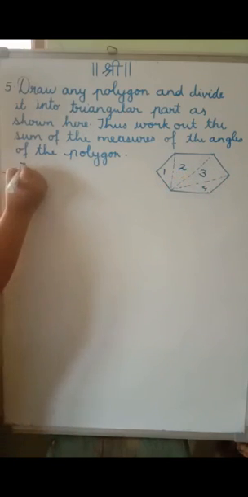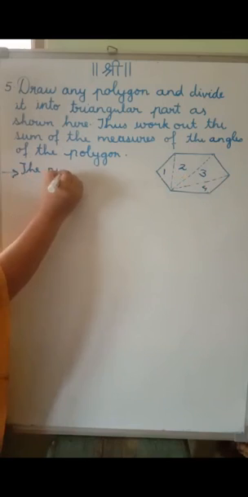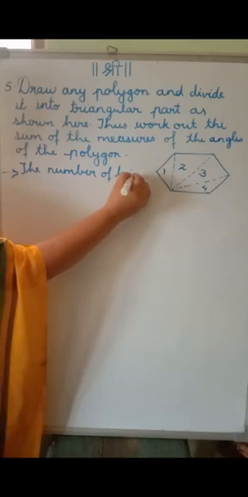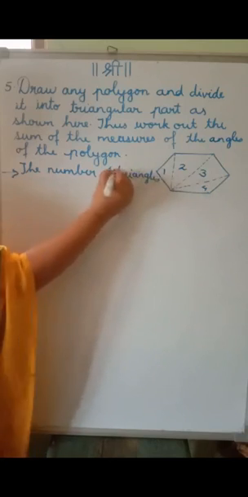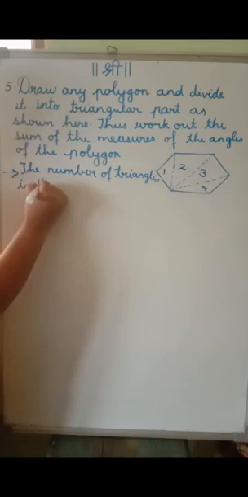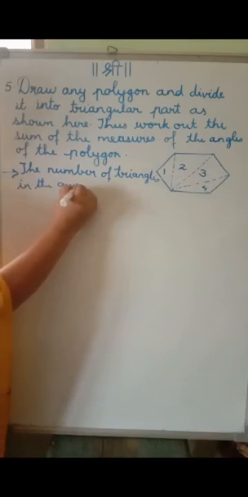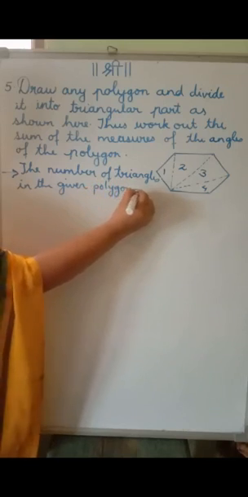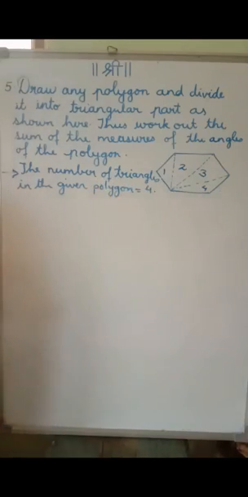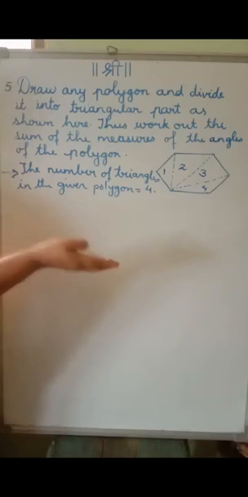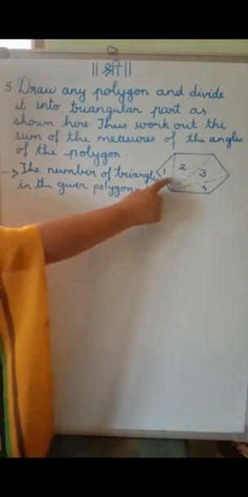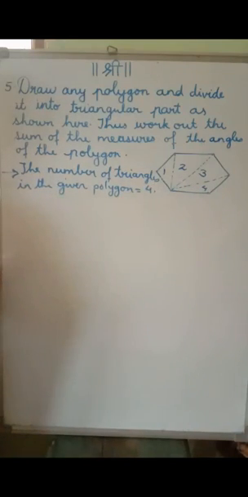So we'll write here: the number of triangles in the given polygon is equal to 4. Now, after writing the number of triangles, we have already learned in the previous lesson the sum of the measures of the angles of a triangle.